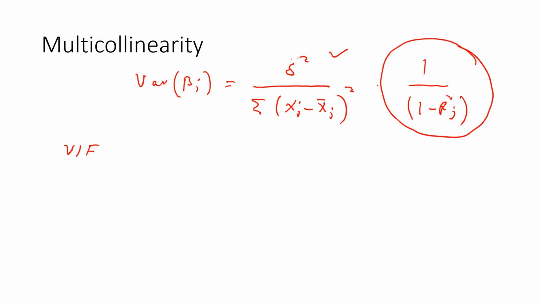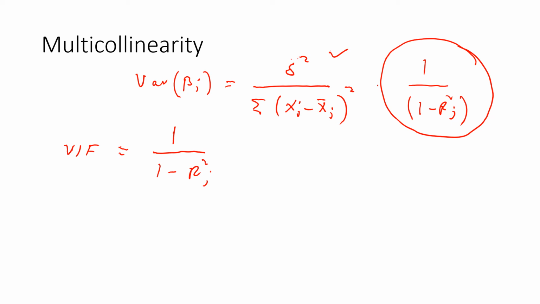And this VIF in simple is written as 1 over 1 minus R squared of j. It is called the variance inflation factor because a high degree of intercorrelation among the explanatory variables will result in a high value of R squared, which will inflate the variance of bj.